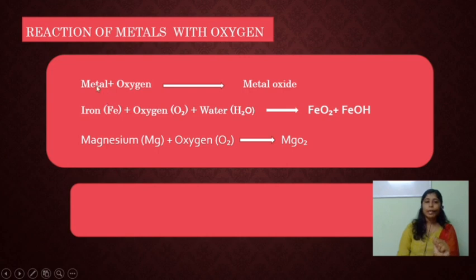We know that when a metal reacts with oxygen, metal oxide forms. Magnesium reacts with oxygen and forms magnesium oxide.